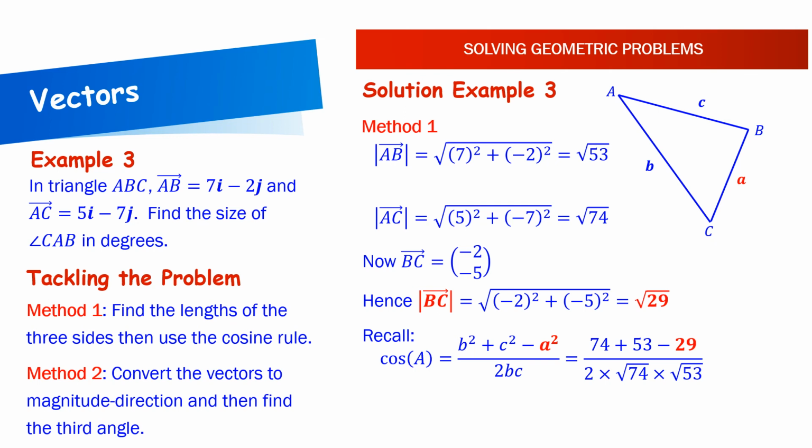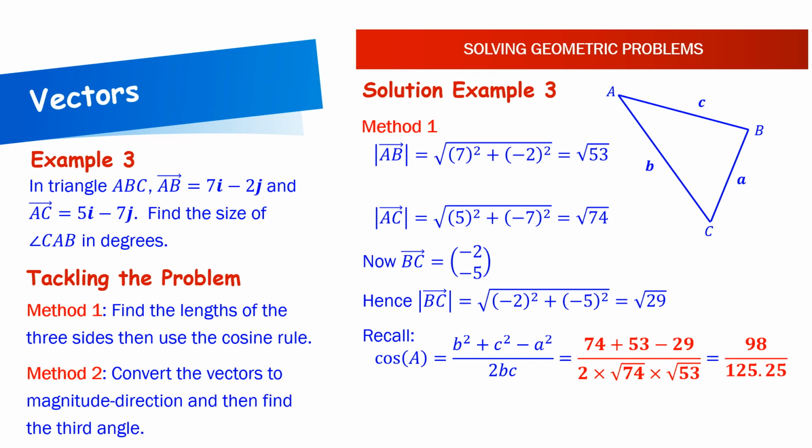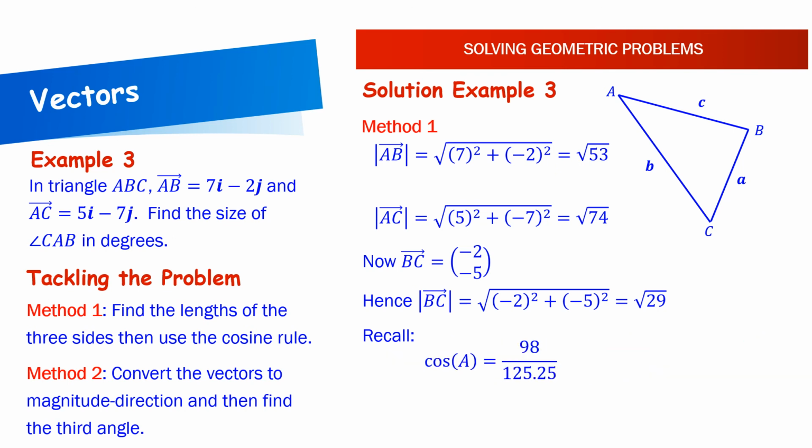It's the length of mod BC, and it's opposite the angle capital A, and it equals root 29. And of course, the 2 is part of the formula as well. And so, tidying up and calculating, gives us that cos A equals 0.782. And therefore, if we inverse cos, we obtain A equals 38.6 degrees.